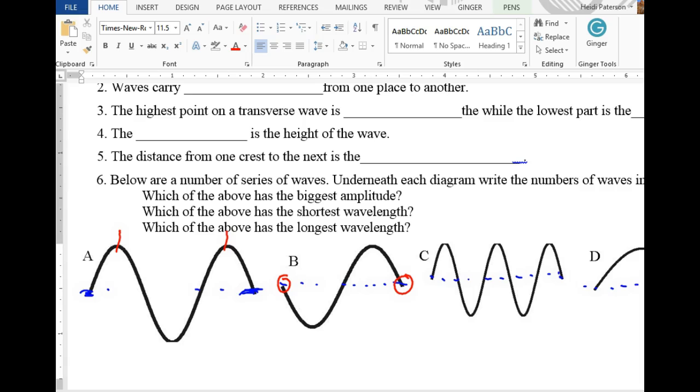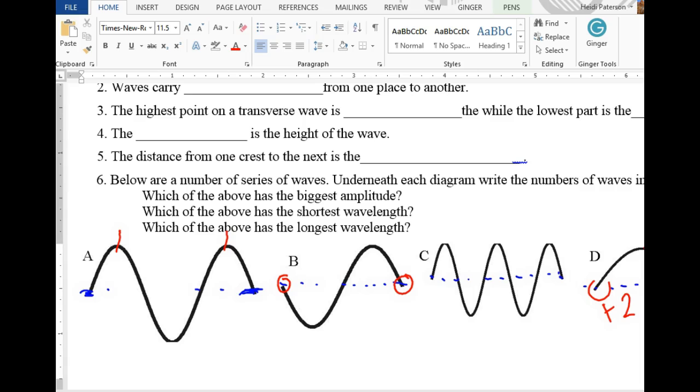How about for the last option, where you only have a crest? Yes, that's exactly what you do. Did you hear what Mason suggested? This crest represents half a wavelength. So you would measure from here to where it comes down here, and you would double it in order to get the total wavelength.